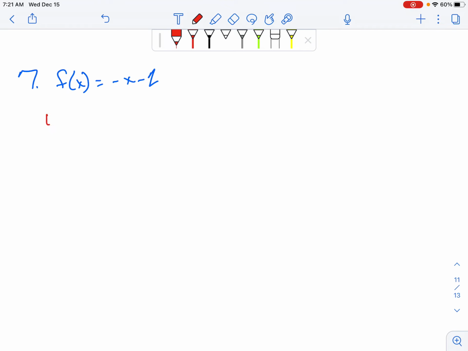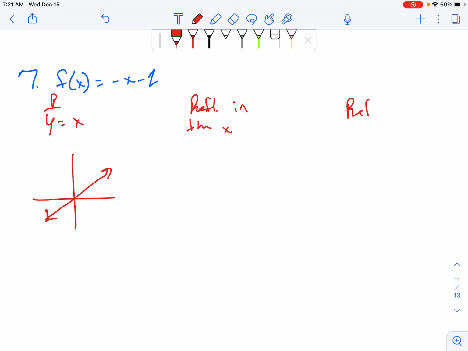What we would have seen then, if we just have y equals x, we know that it looks like this. If we have y equals, so it said graph the parent, and then it said graph a reflection in the x, and then it said graph a reflection in the y.